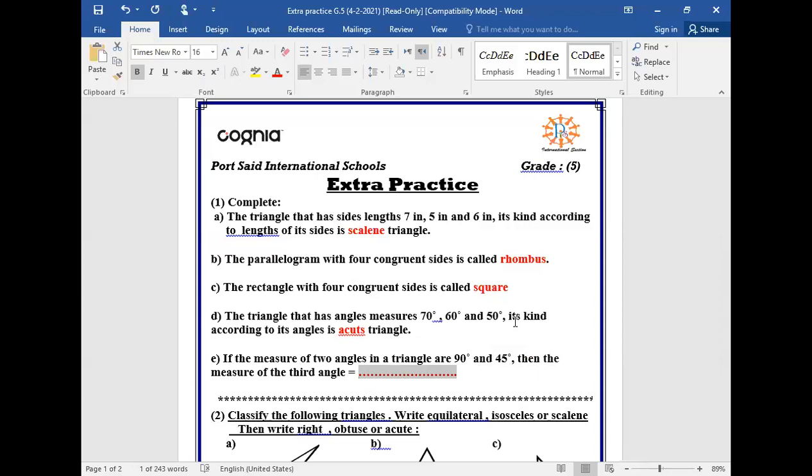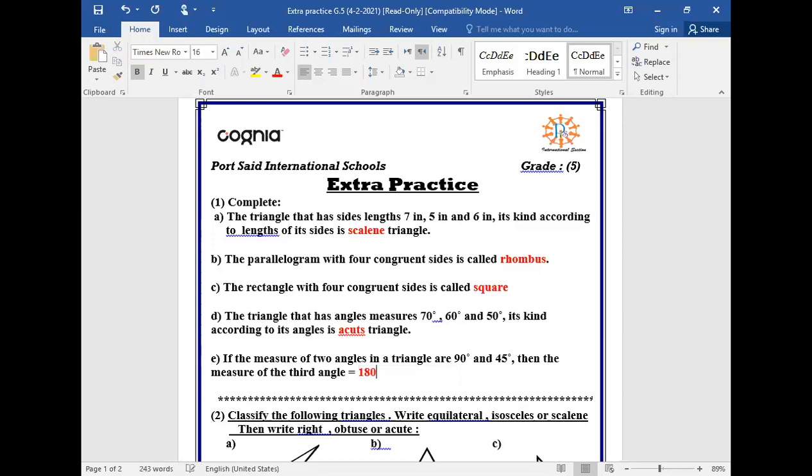If the measure of two angles in a triangle are 90 degrees and 45 degrees, then the measure of the third angle. If we have an unknown angle in the triangle, which step will we use to find it? We add the two angles, then subtract from 180. Very good.